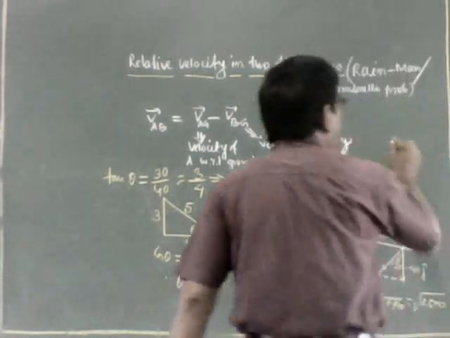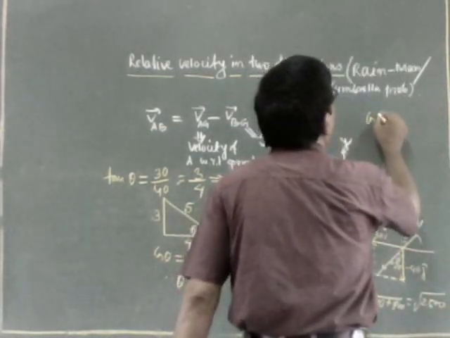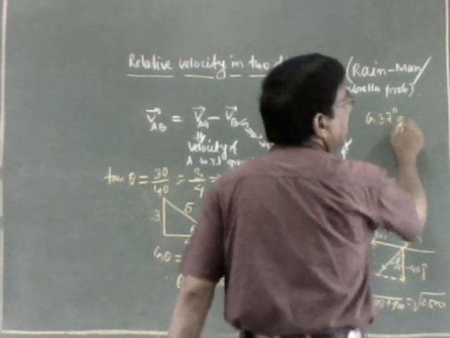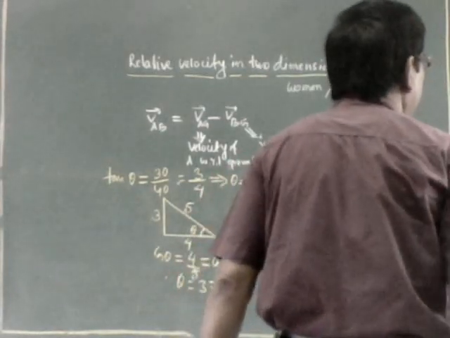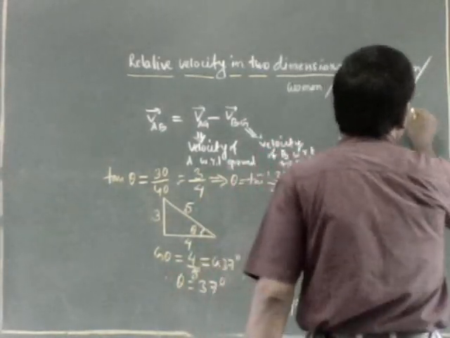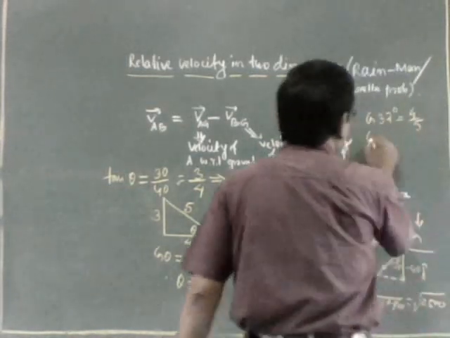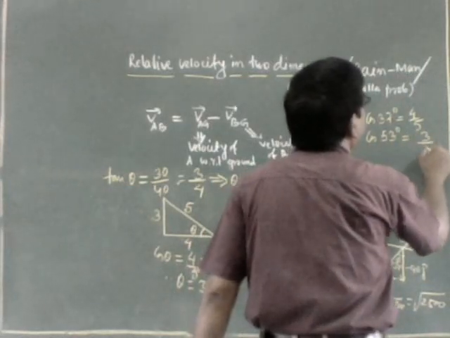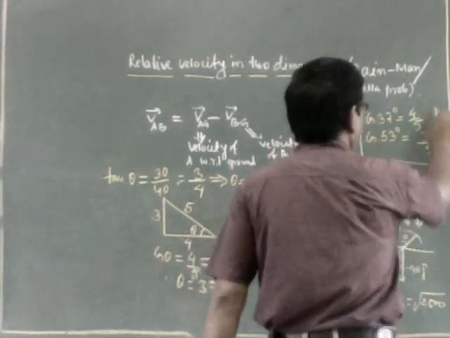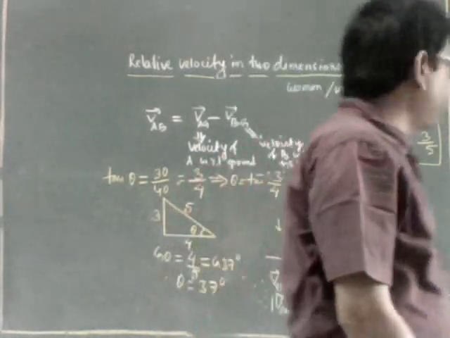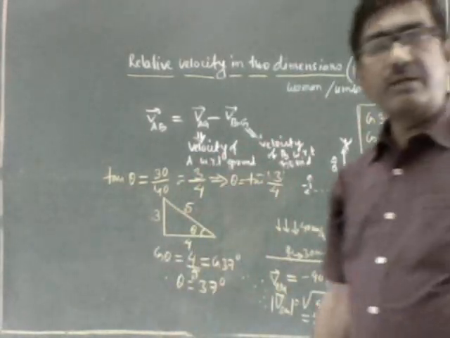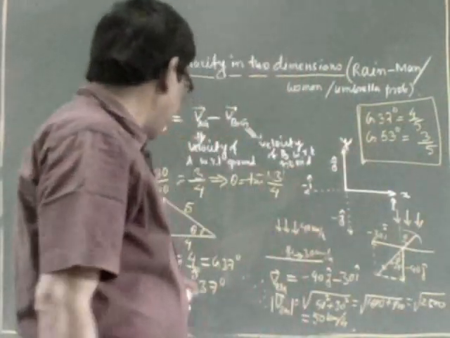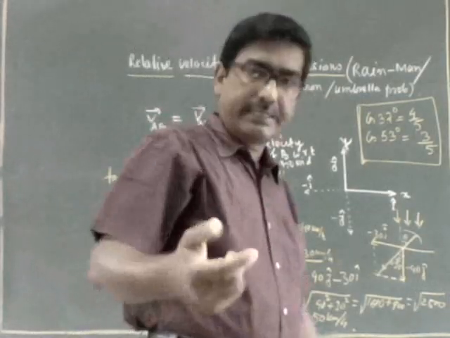You must remember these two values: cos 37 degree is equal to 4 by 5, whereas cos 53 degree is equal to 3 by 5. So angle theta is equal to 37 degree.